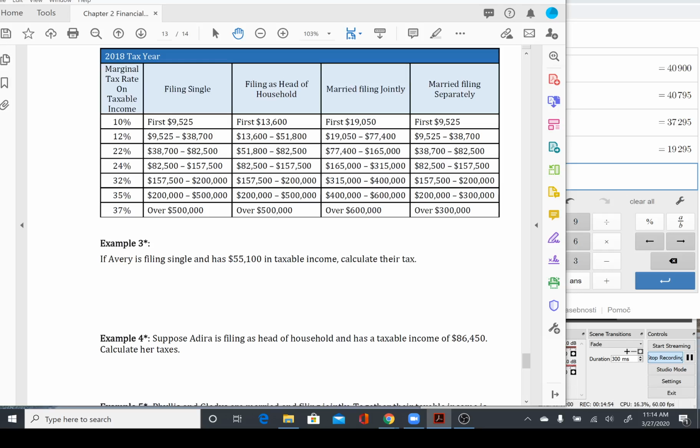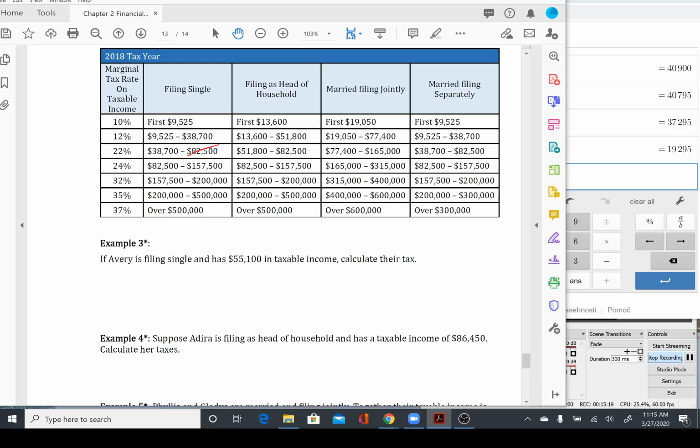So let's take Avery as an example. Avery is filing as a single person and has made $55,100 in taxable income. Calculate their tax. What I would do is find where $55,100 lands, which is right there. Ignore the $82,500 because Avery did not make that much.